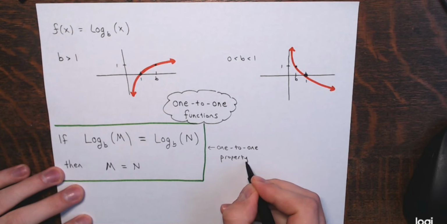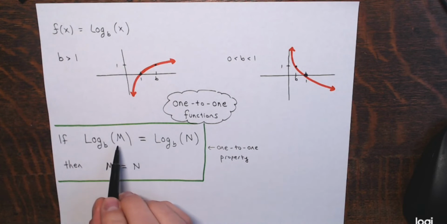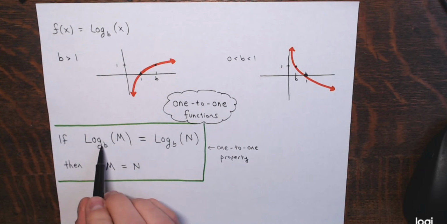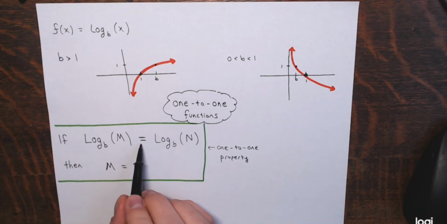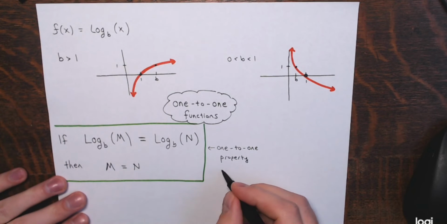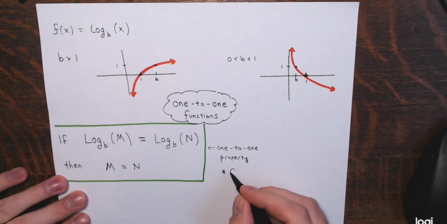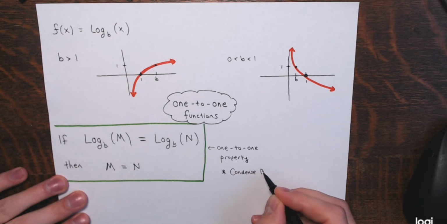So the goal here, if we're to use this property to solve a logarithmic equation, is to get a statement like this, where you have a single log on one side equal to a single log on the other. So what we're going to do is condense both sides, write both sides as a single log.